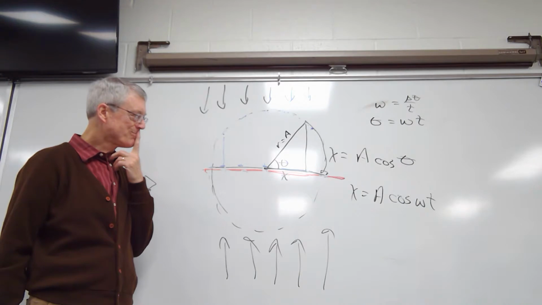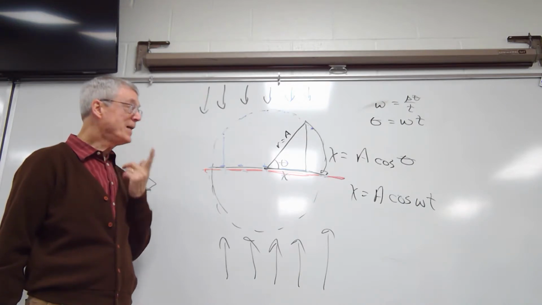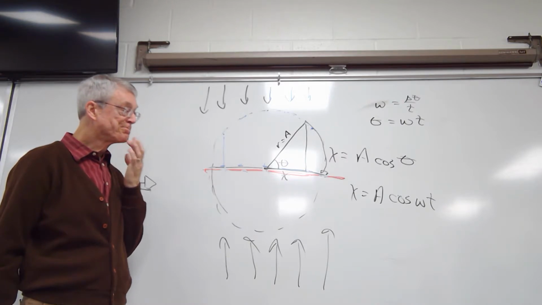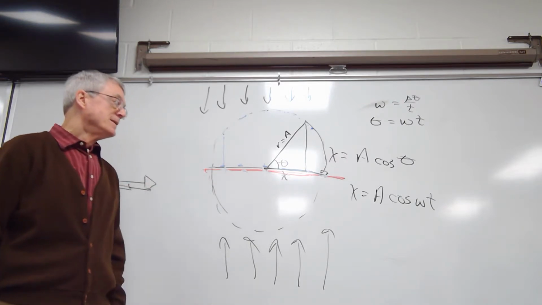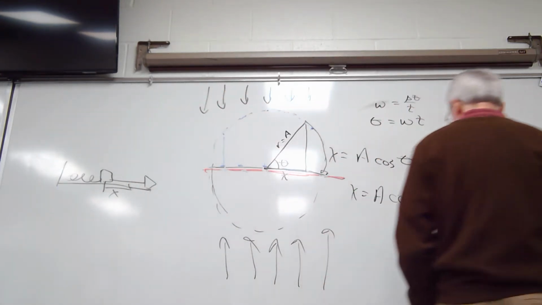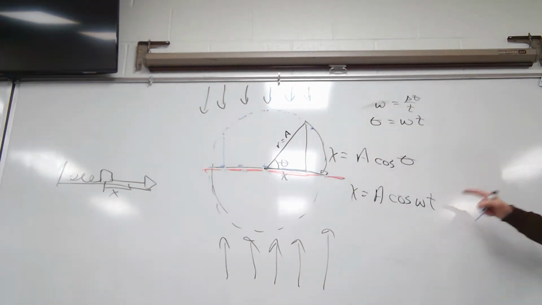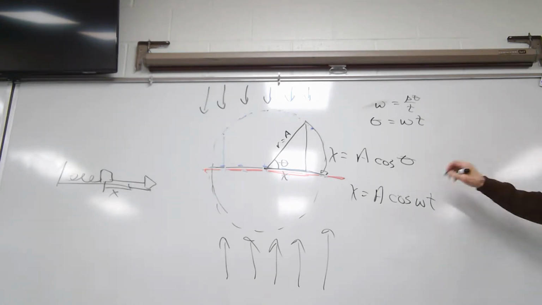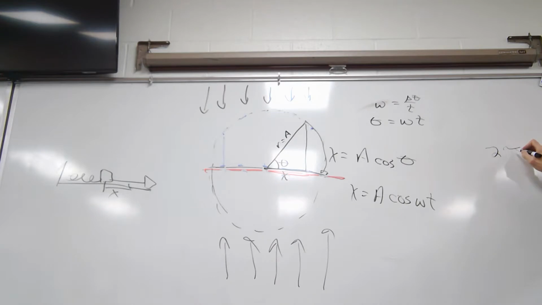All right. Omega, let's take the time. If the mass goes all the way around, that's 2 pi radians.